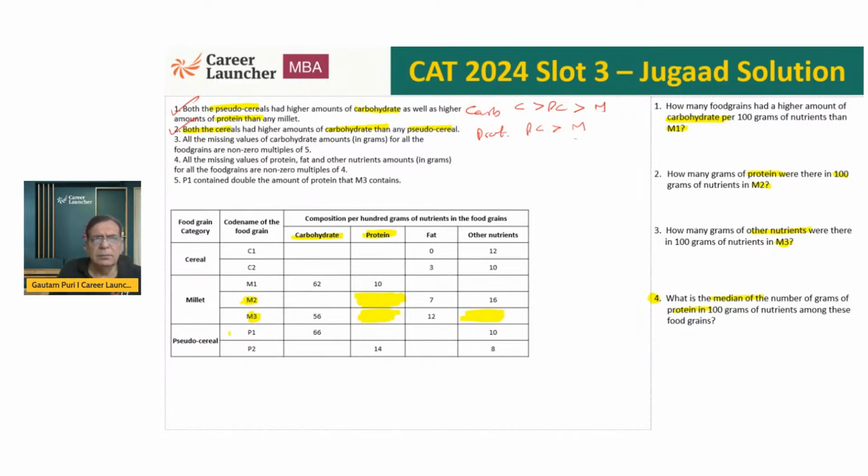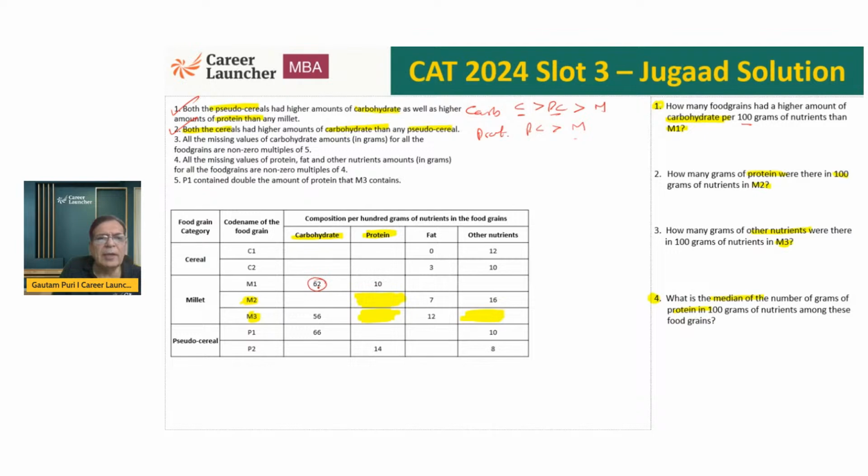Actually, tell me one thing. Look at question 1. Can we do something about question 1 now? What is question 1 saying? How many food grains had high amount of carbohydrates per 100 gram of nutrients? Cereals have higher carbohydrates than pseudo cereals, and pseudo cereals more than millets. What is the carbohydrate in millets? 62.